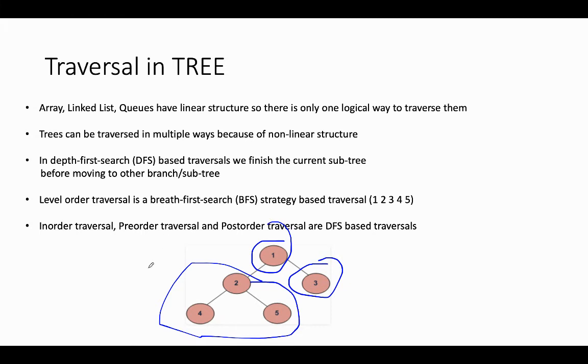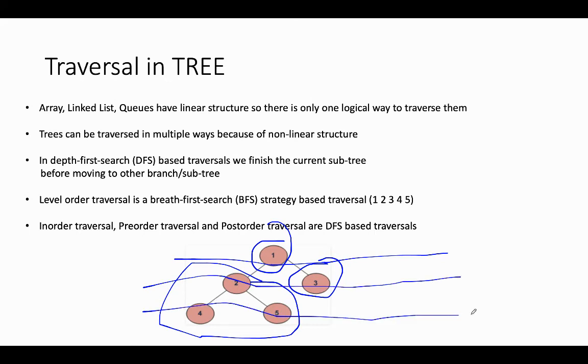In the case of BFS strategy, we go by level order. So let's say this is the level 1 nodes, only one node 1 is there. Then this is the level 2 node, and this is the level 3 node. So if we want to traverse the tree in that way, then we call it breadth first search based strategy.